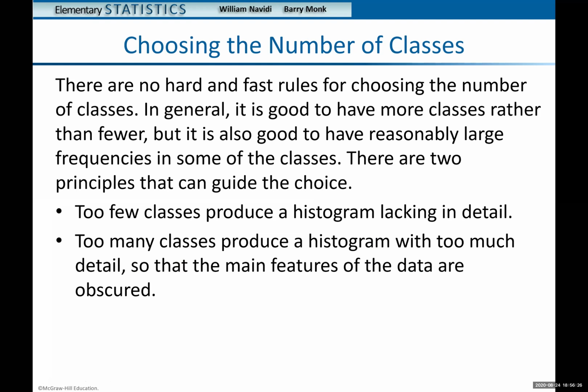All right, so choosing the number of classes. There are no hard and fast rules for choosing the number of classes. In general, it is good to have more classes rather than fewer, but it is also good to have reasonably large frequencies in some of the classes. And there are two principles that can guide the choice. So take note of this. Too few classes produce a histogram lacking in detail, but also too many classes produce a histogram with too much detail so that the main features of the data are obscured.